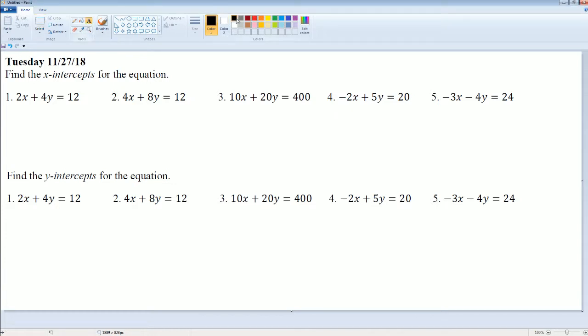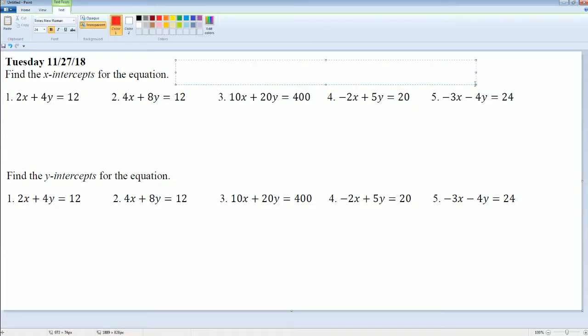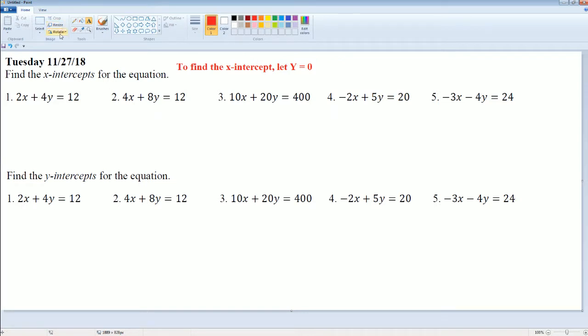I want to make a note here for you. Remember, to find the x-intercept, let y be equal to the value of 0. Okay? So, in this case, y here is going to be 0.